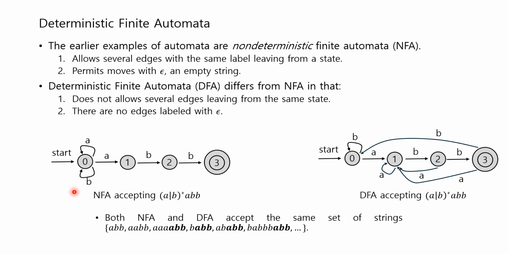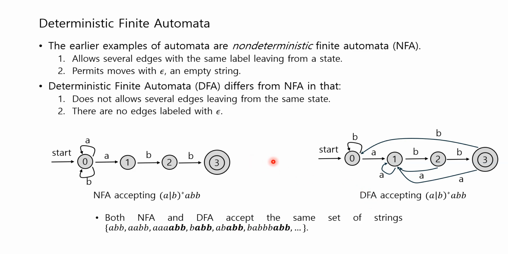So we have the start state here, an NFA accepting A union B, and the union can also be read as or, so A or B, Kleene closure, A, B, B. So starting from here, both the NFA and the DFA on the right, we have 0, 1, 2, 3, and the DFA accepts A or B, Kleene closure, A, B, B. So both NFA and DFA accept the same set of strings: ABB, AA, BB, AAA, ABB.